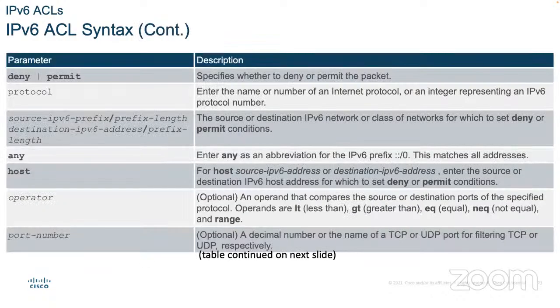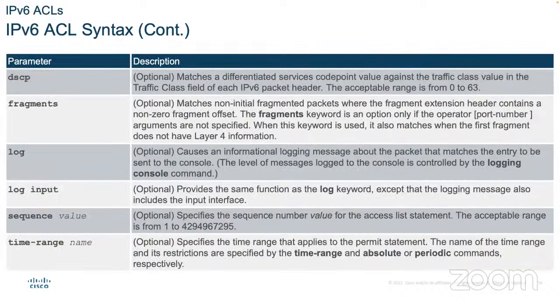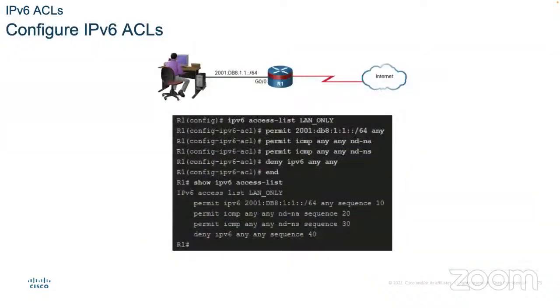Here are some things that show up in the syntax for making an IPv6 ACL, very similar to v4. Lastly, an IPv6 ACL contains an implicit deny ipv6 any any command.